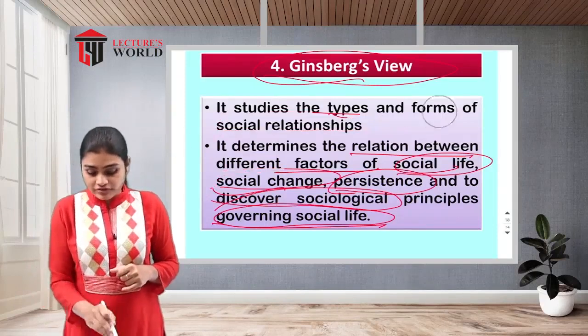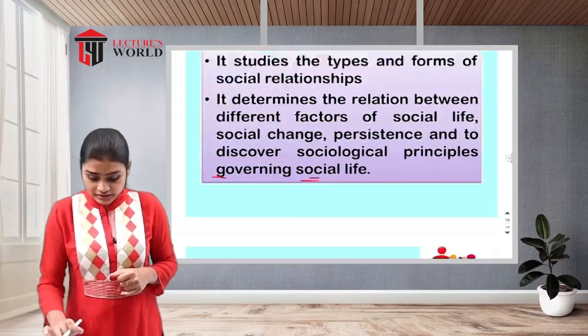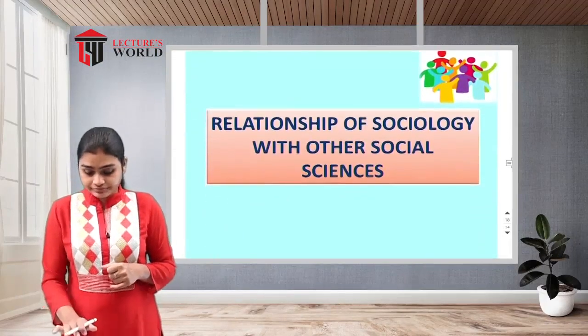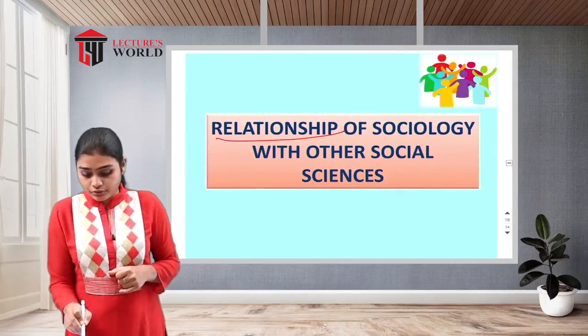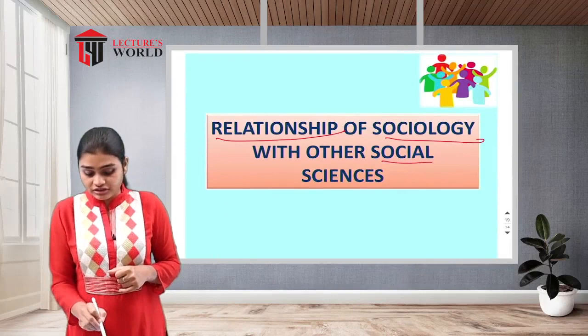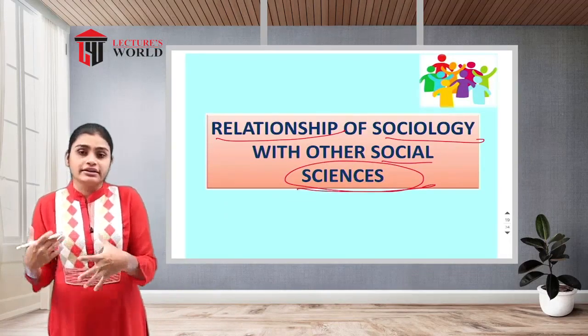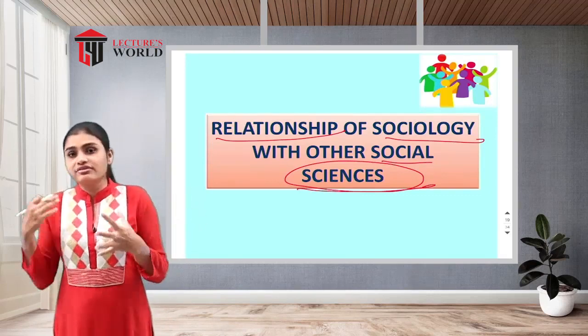After the scope of sociology, let's see the next point, that is the relationship of sociology with other social sciences. Other social sciences means the other fields. Why is sociology important for other fields as well?